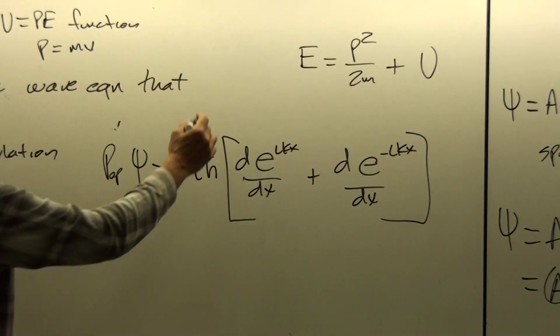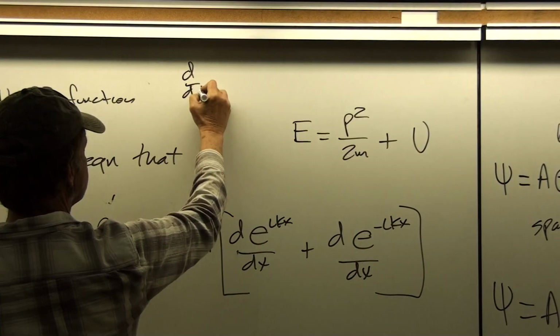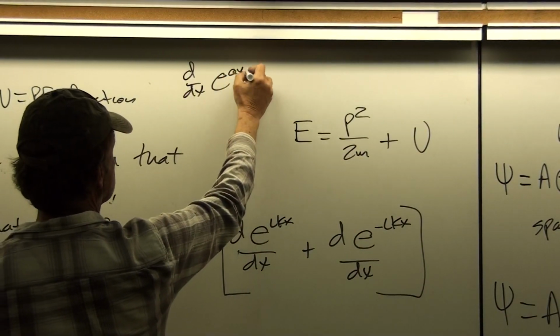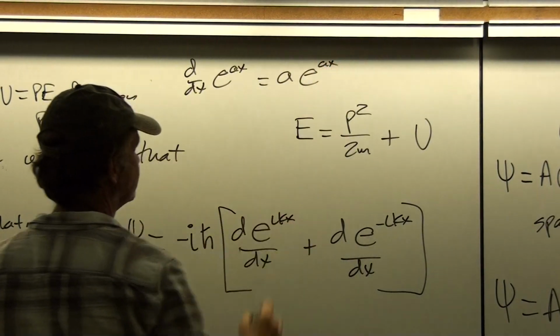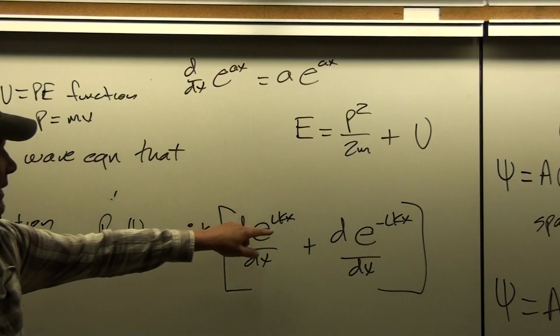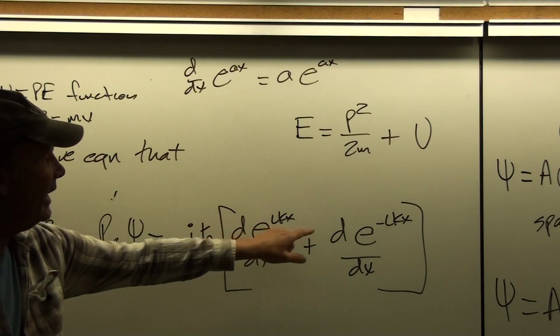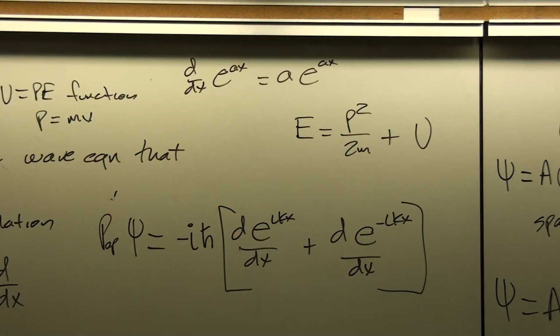Okay, now the derivative of an exponential e to the ax is just a e to the ax. So here the a is going to be the ik. For this one, it's going to be a minus ik for that one.